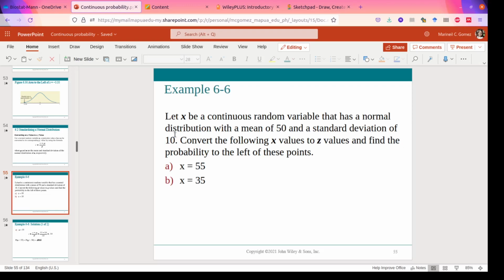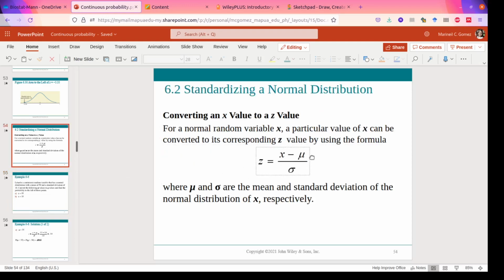We want to know if the experiment follows a standard normal distribution curve. So what is the z equivalent of your sample, which is x? If x is 55, what is its z value? Which position is it on the curve? Basically, we just need to apply this formula.